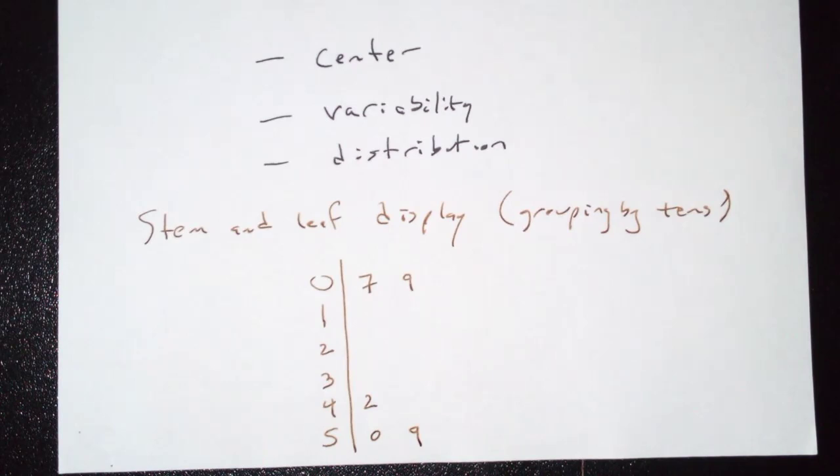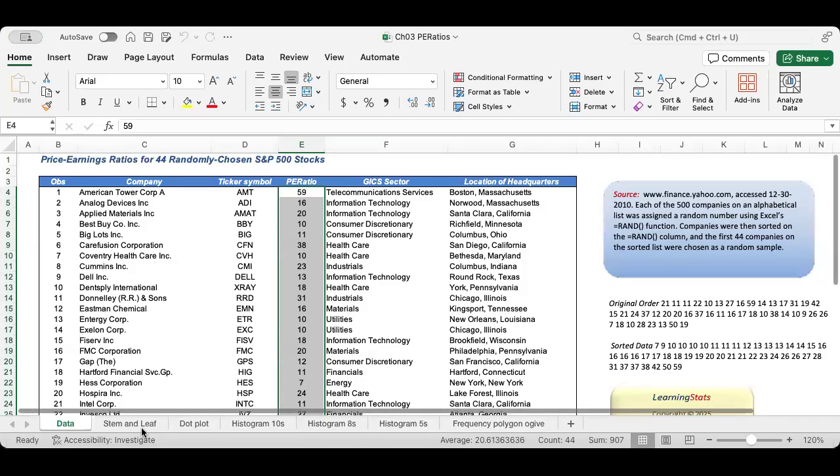This is not particularly easy to automate. It can be done. And that's why in the Excel sheet, we're going to see a stem and leaf plot as one of the tabs in the Excel sheet.